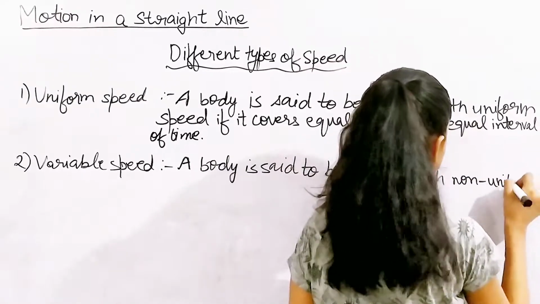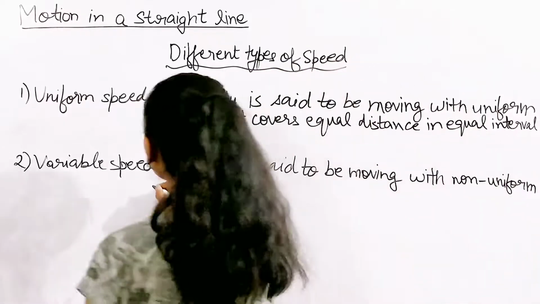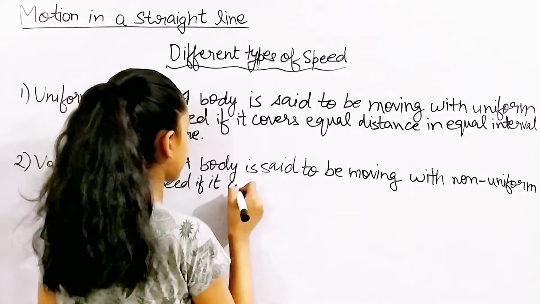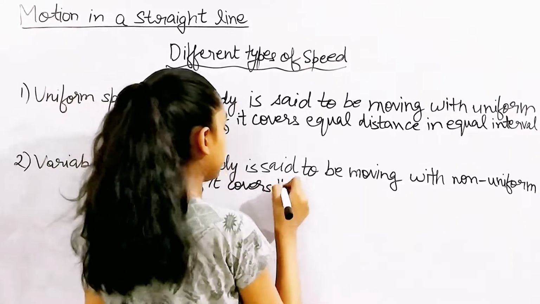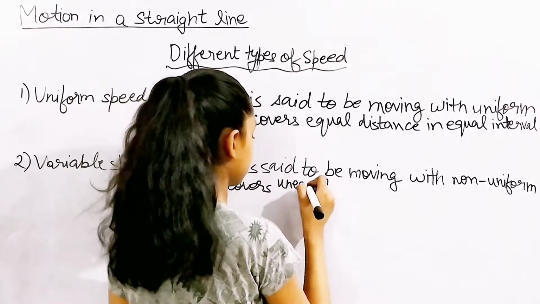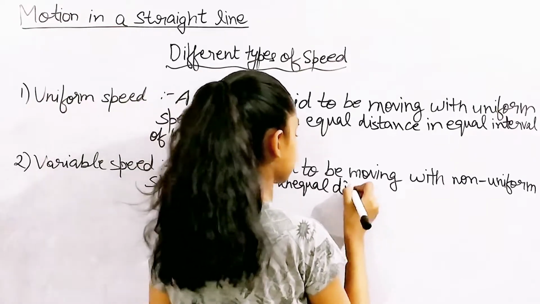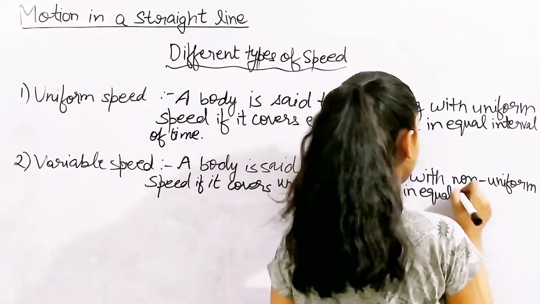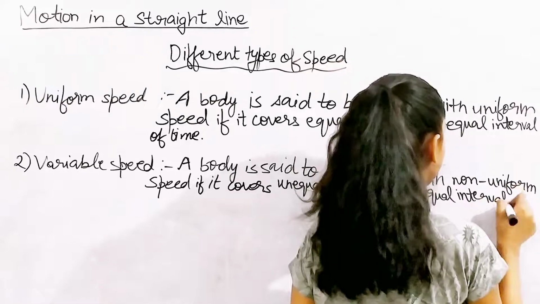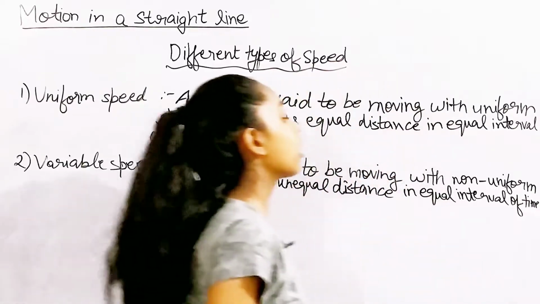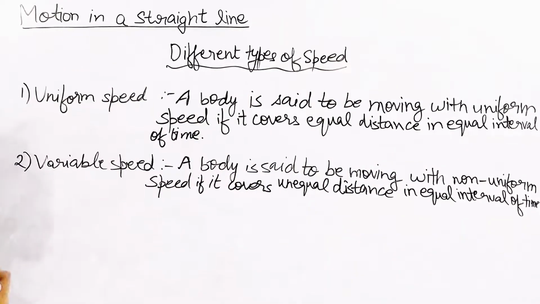Just get this, I'm trying to say variable speed, non-uniform speed, if it covers an unequal distance in equal interval of time. Okay, so if it covers an unequal distance in equal interval of time.